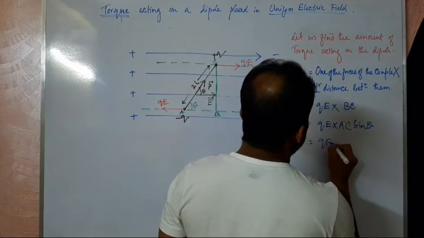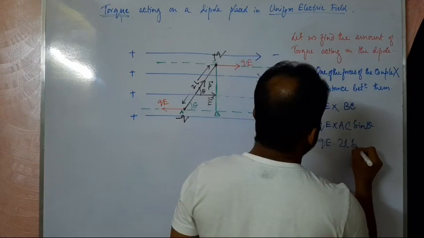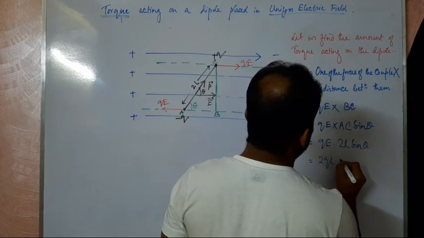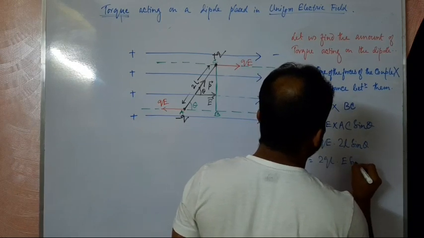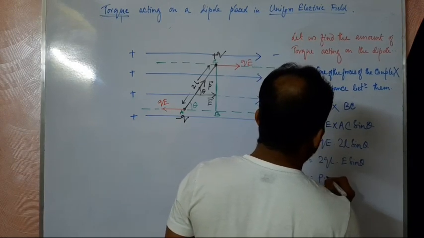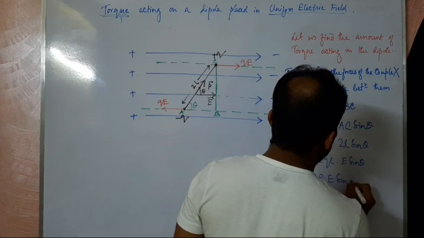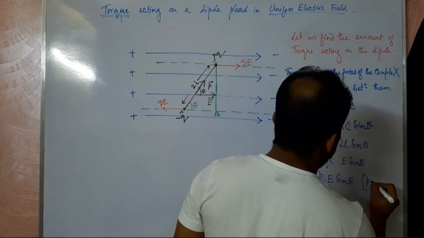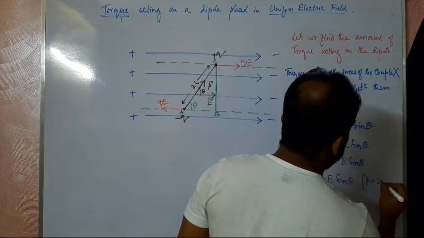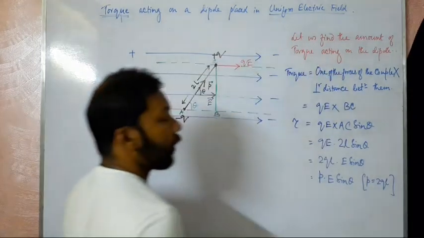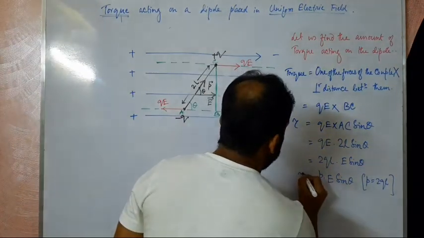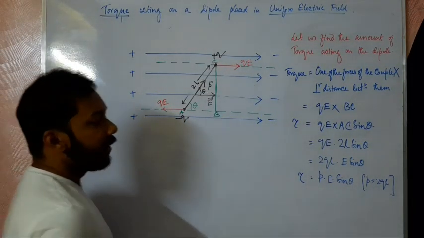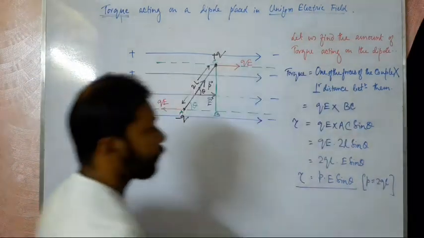So QE into 2L sin theta. We can write it as 2QL into E sin theta, or PE sin theta. We know P is the dipole moment and the dipole moment is given by 2QL. So the torque, magnitude-wise, is equal to PE sin theta. This is the amount of torque.